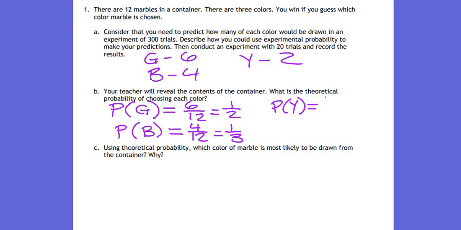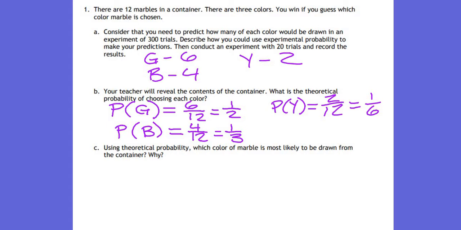How many yellow? 2 out of 12, and that reduces to 1/6. So what color is most likely to get picked? Green. Least likely to get picked would be yellow. That's what our theoretical probability says.